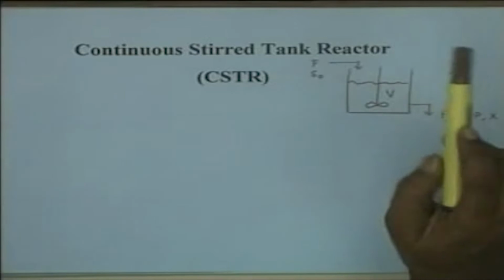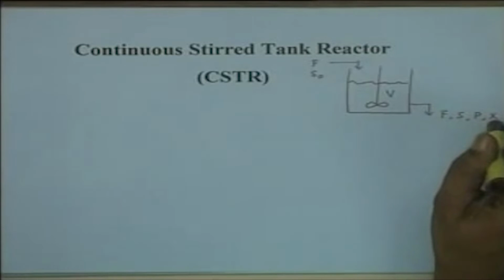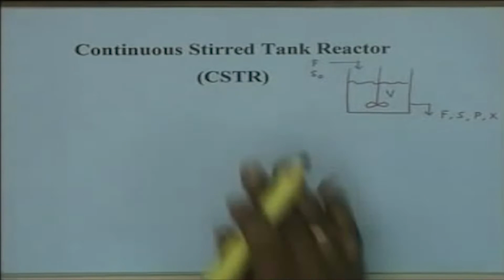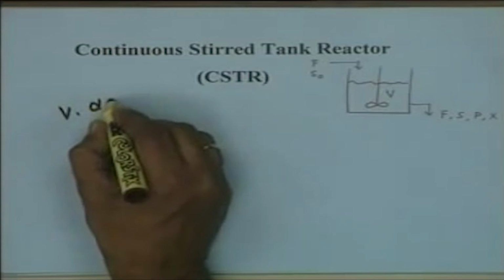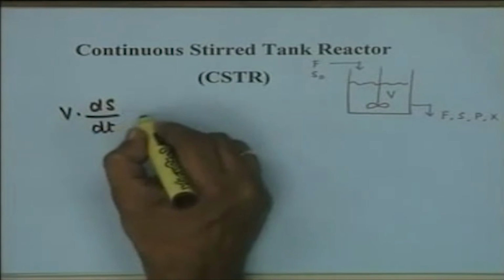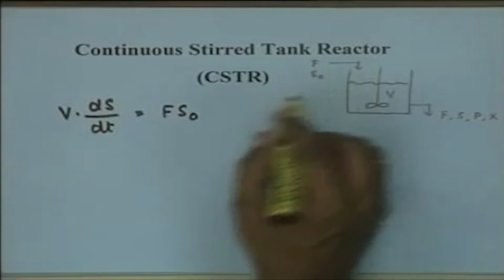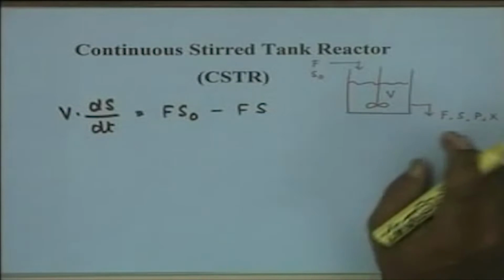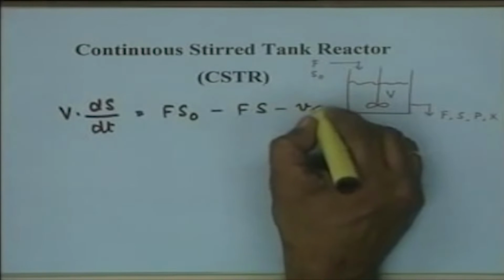That means the reaction will take place under conditions of S, P or X which exist at the exit stream, and therefore, if you just write a material balance for such a reactor system, you can write accumulation as V dS/dt equal to F S0, which is the input, minus F S, if S is the substrate concentration in the outlet, minus V into v.